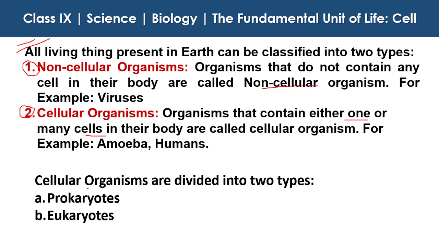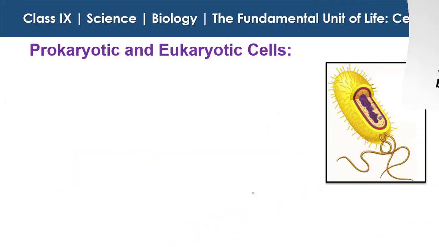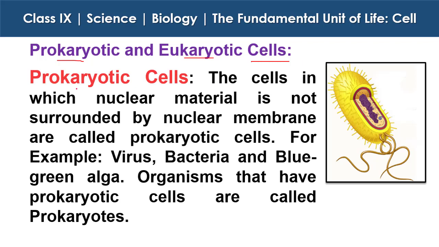Cellular organisms are divided into two types. First is prokaryotes and second is eukaryotes. Let's learn about prokaryotic and eukaryotic cells. So first is prokaryotic cells.